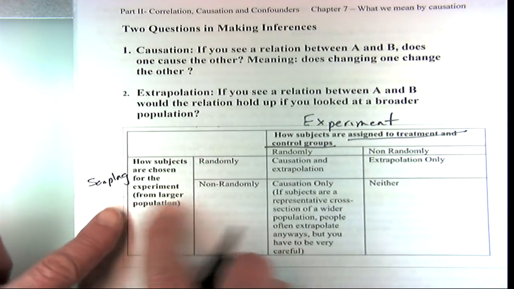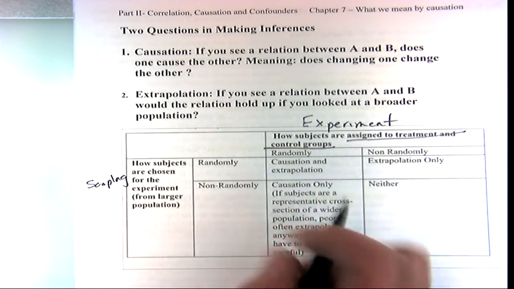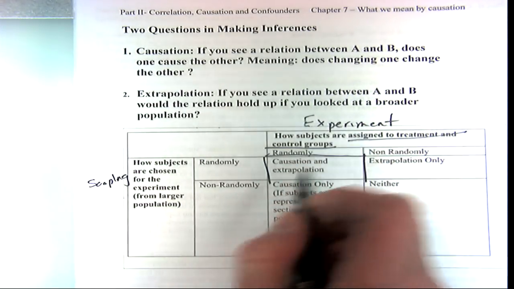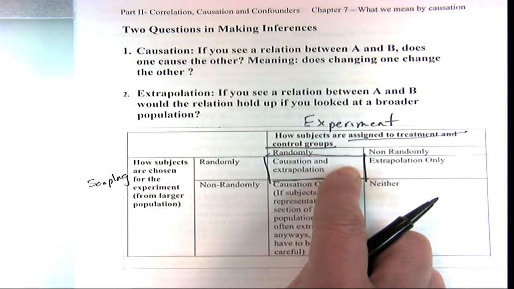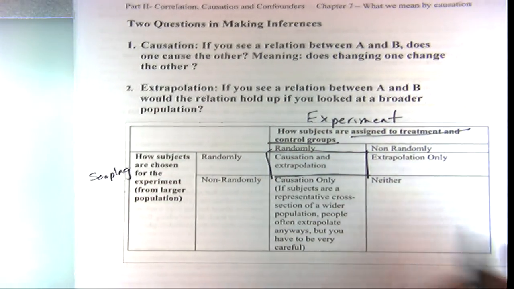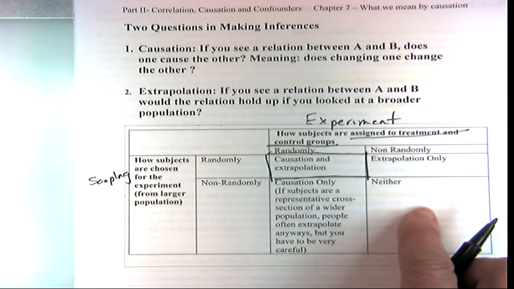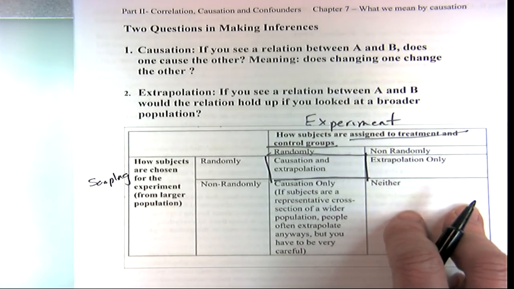If they're randomly sampled, then we can also extrapolate to the population from which they were sampled. So by far, this is the ideal: you randomly choose your subjects from a wider population, and then you randomly assign them to treatment and control. And this is the worst, if they're not randomly chosen and they're not randomly assigned to treatment and control.